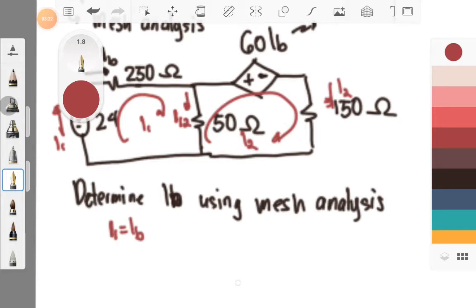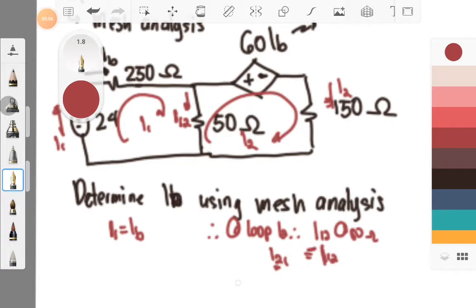But if I consider loop I2, then at loop I2 I will consider the current at the 50 ohm as I21, which will be equal to negative I12, because I21 means that the original current is I2 and the current I1 is affecting the loop current. Okay, I21 is the negative of I12 based on our vector notation.